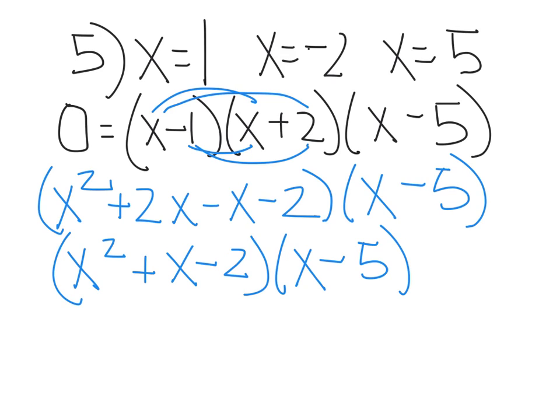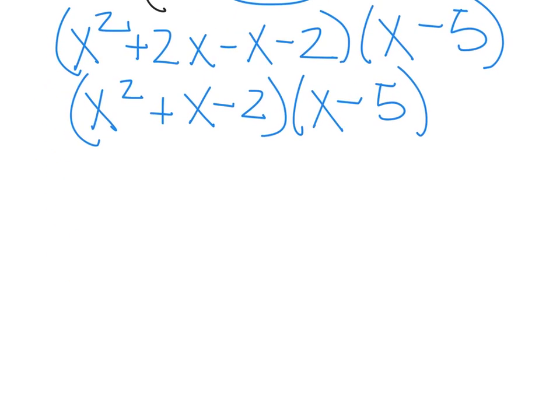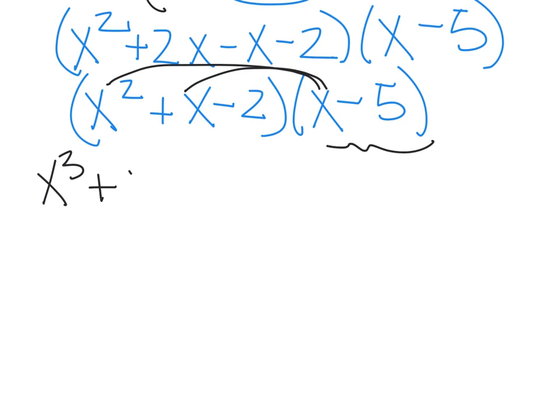So I'm going to take the x minus 5 and I'm going to distribute that into the x squared plus x minus 2. So, like I said, I'm going to take this smaller guy and distribute it into the bigger guy. So I'm going to start with the x. X times x squared is x cubed. X times x is x squared. And x times negative 2 is negative 2x.